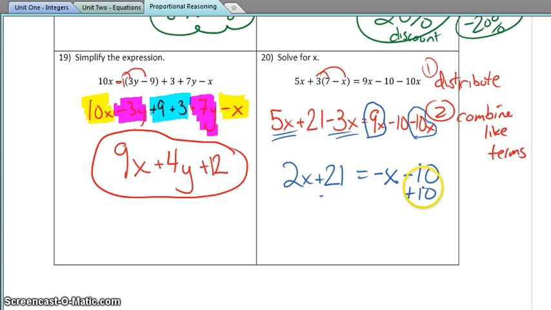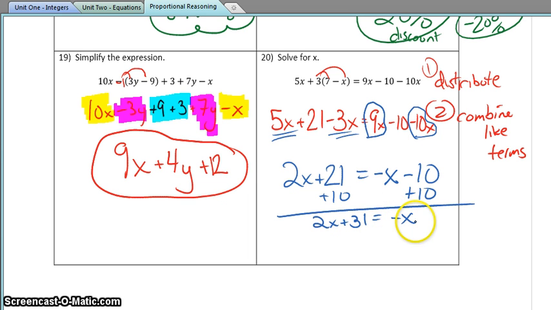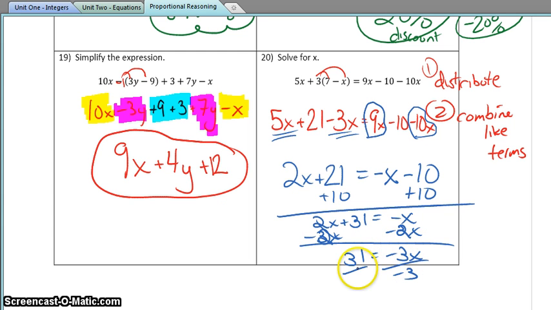Plus 10, plus 10, 2x plus 31 equals negative x. Minus 3x, minus 3, minus 2x, 31 equals negative 3x. It doesn't say I have to leave my answer as a mixed number, so you are good to go with negative 31 over 3.